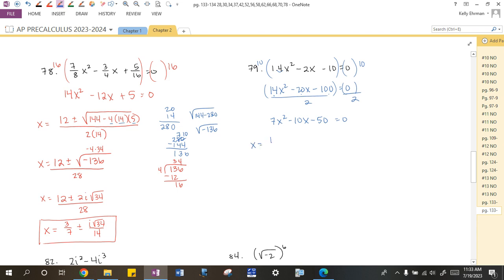Still, the numbers are a bit large, but in my opinion better than dealing with decimals or fractions. All right, so 10 plus or minus 10 squared is 100, minus 4 times 7 times negative 50. Wait, is it negative 50? Yeah, I have negative 50 there.